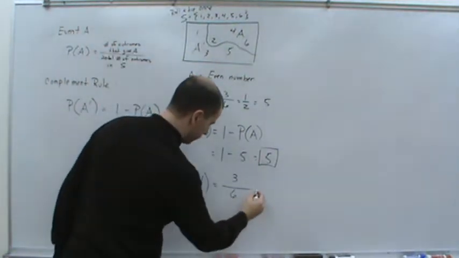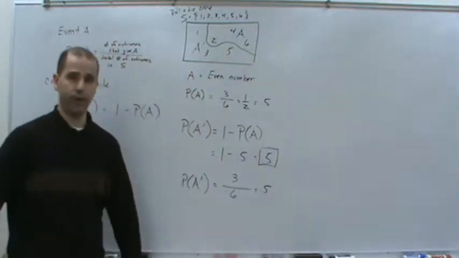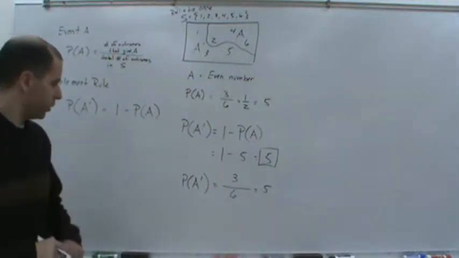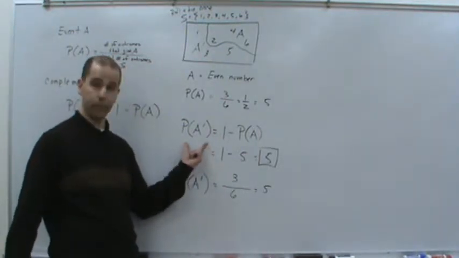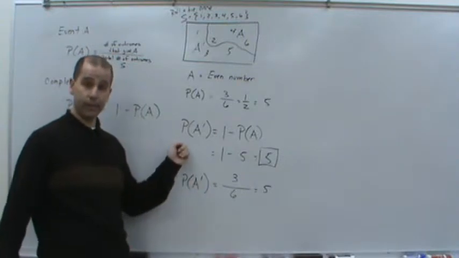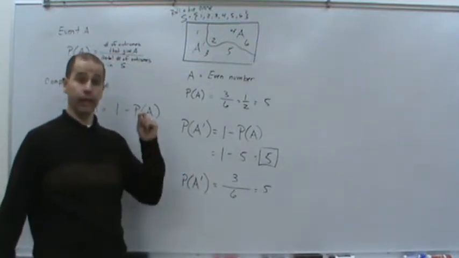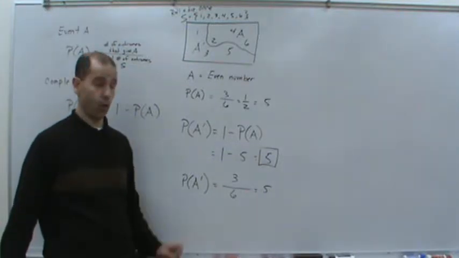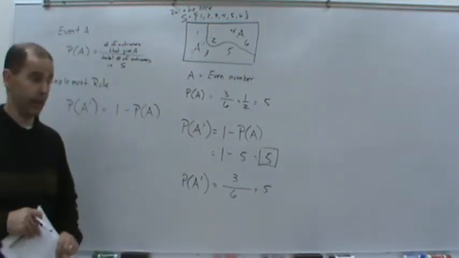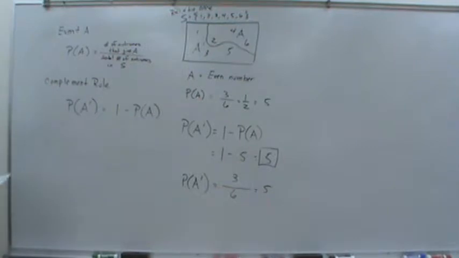So again, we still get 0.5. So we can use the definition of probability to get the probability, or we can use the complement rule. There are going to be some cases where the complement rule will be much faster and easier to use. Okay? So keep that in mind. So that's the complement rule.